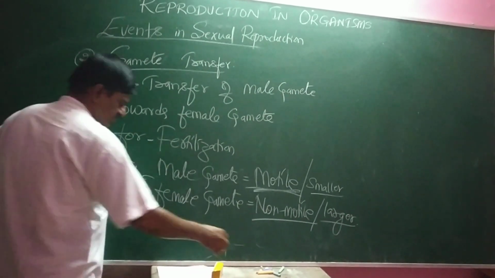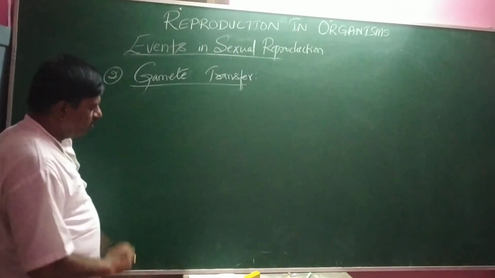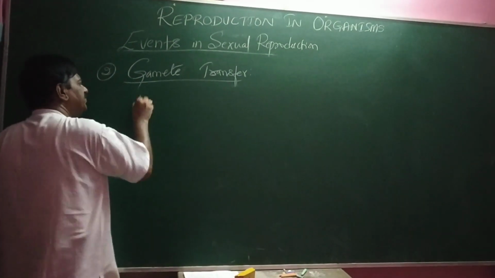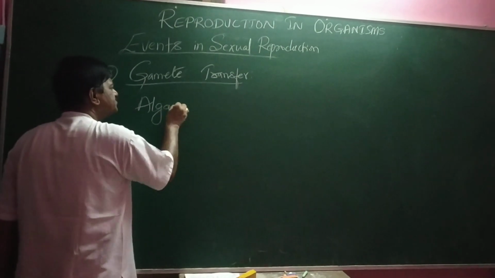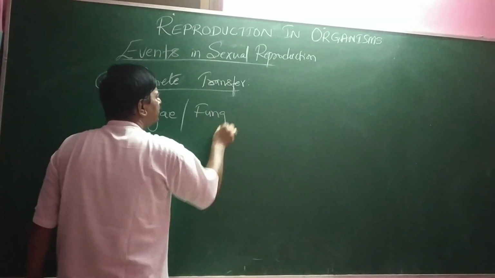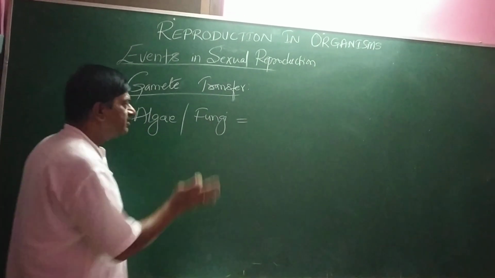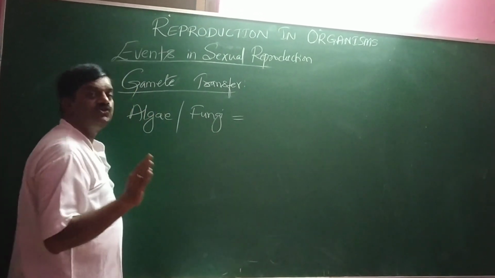We'll go for the next one. So we are going for one more example. In some of the algae and in some of the fungi, both the gametes are motile. Here it is isogametic.